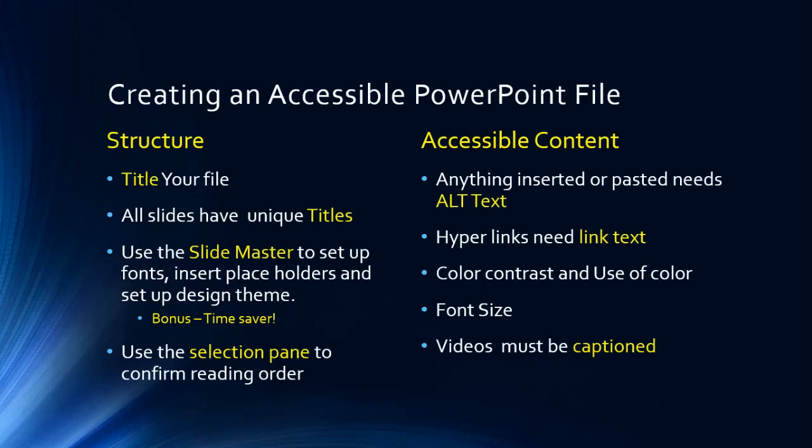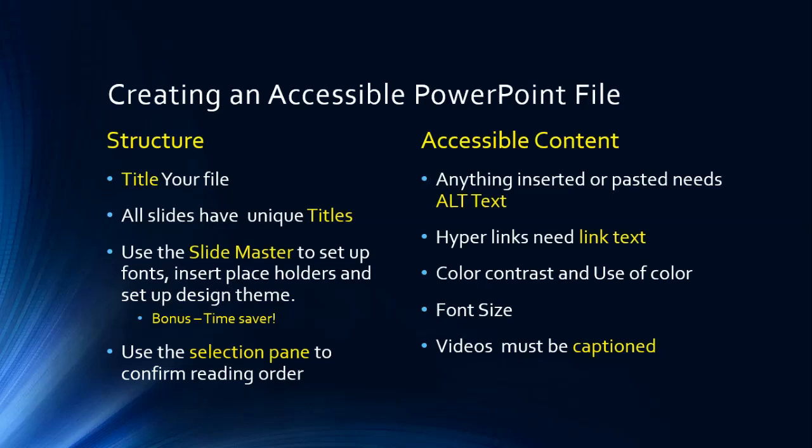That software, when it connects with PowerPoint, actually reads the reading order of each slide differently than if a person of vision is looking at it. A person with vision will read the slide information from top to bottom. Now this screen reader will read it from bottom to top. So the selection pane helps us make sure that the reading order is proper for assistive technology.